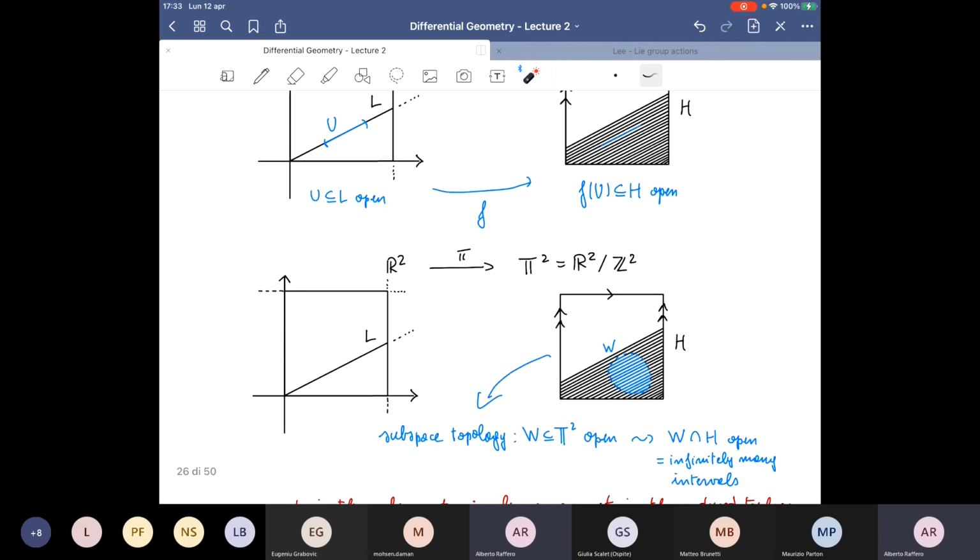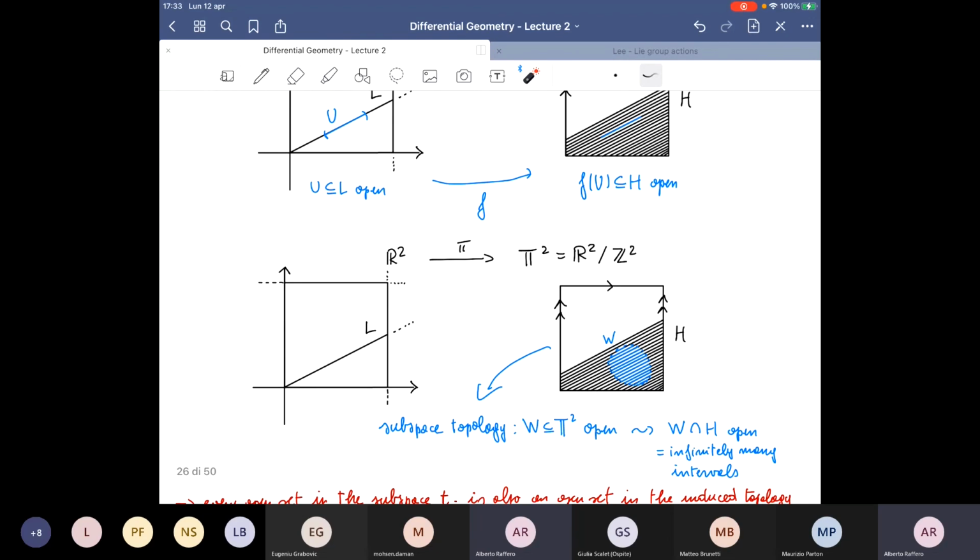In particular, as you remember, the union of open sets is open. And so the open set you obtain in this way is also an open set with respect to this topology, because it can be described as the union of intervals, and every interval is open with respect to the induced topology.